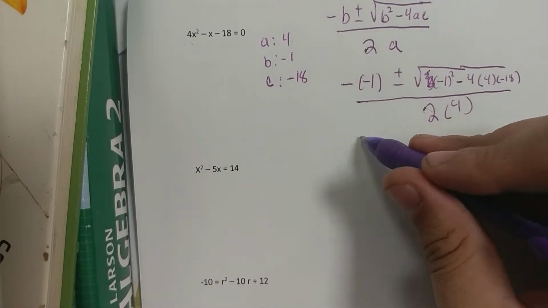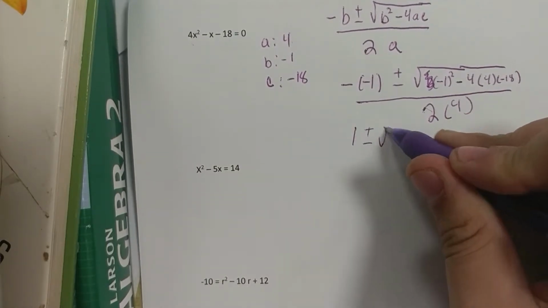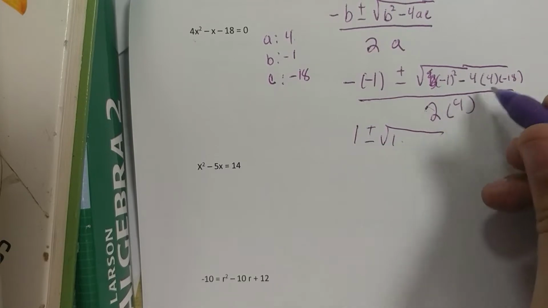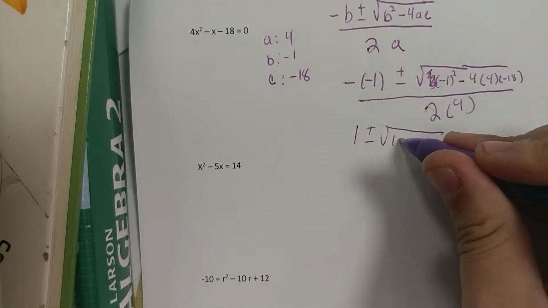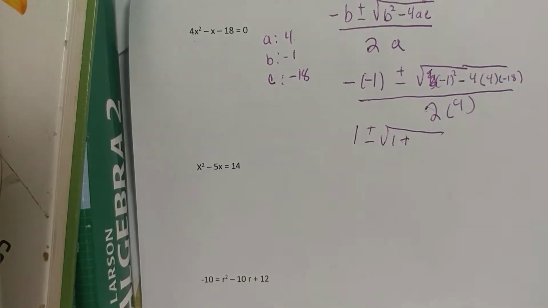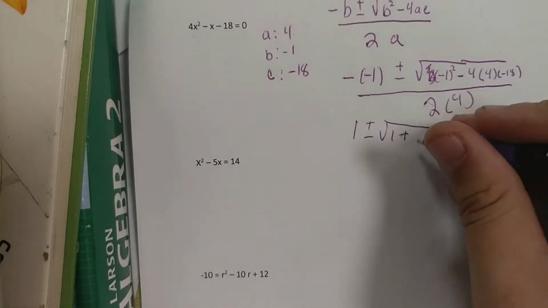So let's simplify. 1 plus or minus the square root of 1. Negative 4 times negative 18 is going to end up being a plus. So plus 4 times 4 times 18. 4 times 4 times 18 is 288.